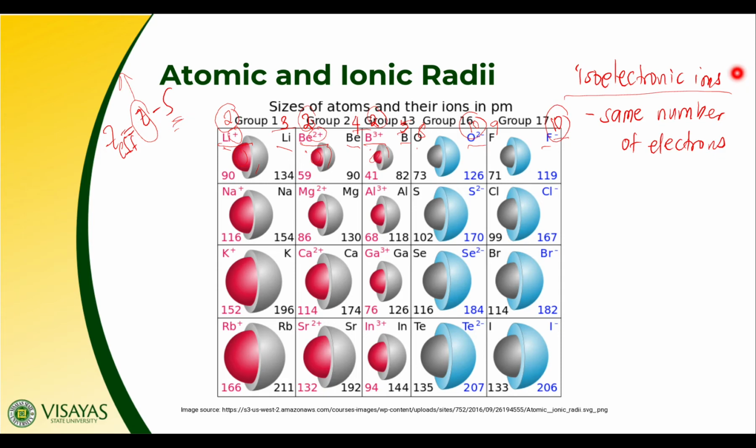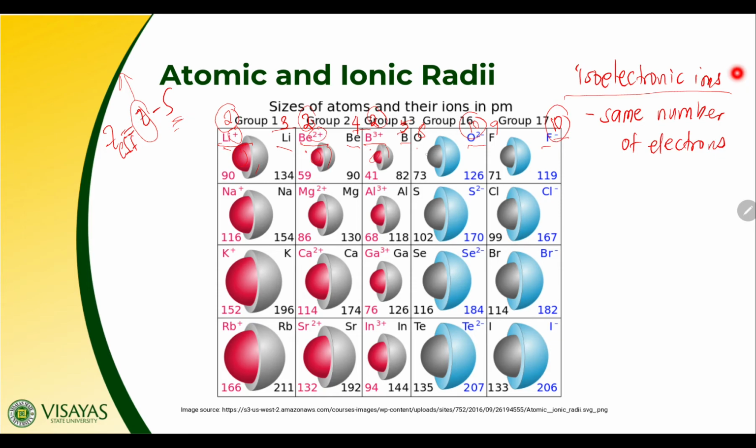For the isoelectronic anions, again, anions result when an atom gains or accepts electrons. Recall that electrons repel each other because they have the same charges. Now, for example, when fluorine gains an electron, there is additional repulsion among electrons.